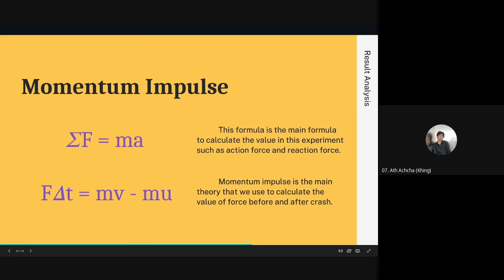We use this formula to calculate the action force and reaction force. Also, another theory that we use is the momentum impulse. We use this formula: F delta T equals mv minus mu. We use this formula to calculate the value of the force before and after the catch.